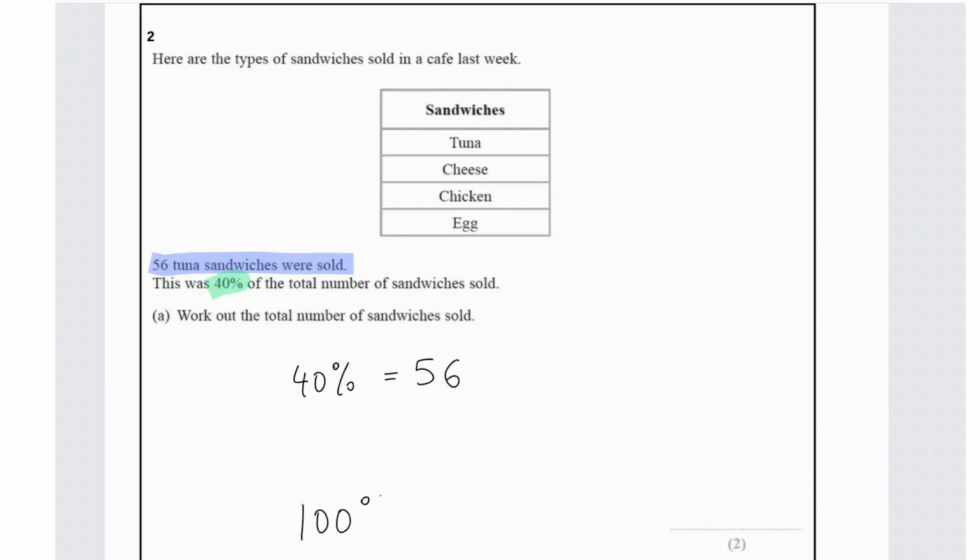And again, to do that, we're going to go to 10%, and we're going to divide by 4 this time, because there are 4 tens in 40, and we divide 56 by 4, giving us 14. So if 10% is 14, 100% would be 140. So there were 140 sandwiches sold in total.